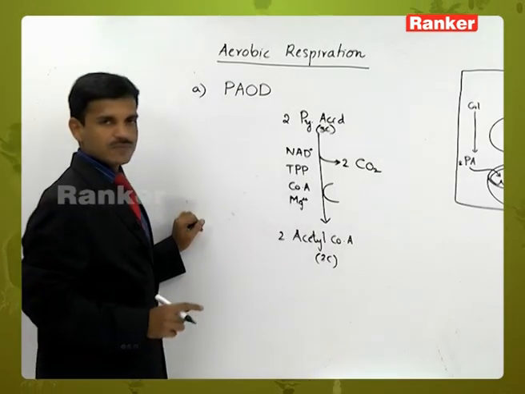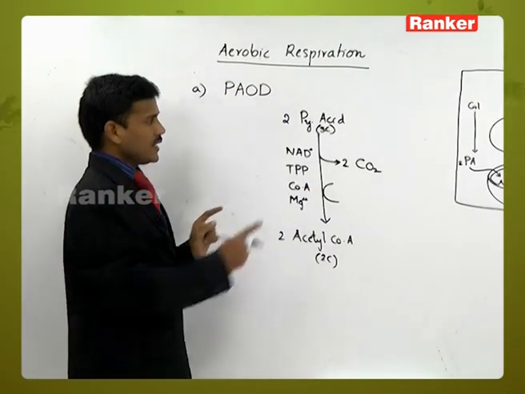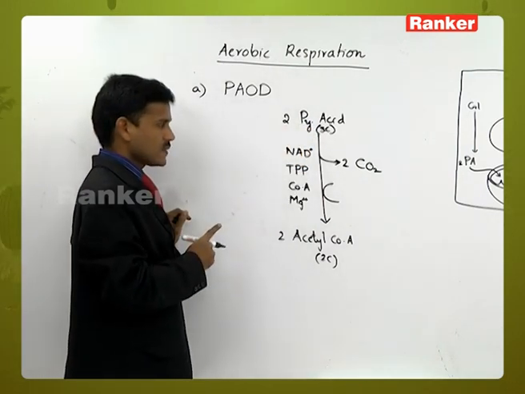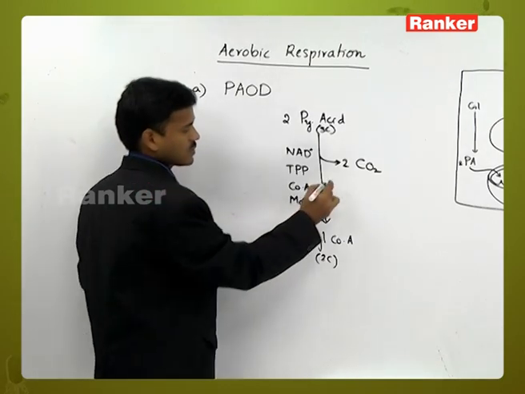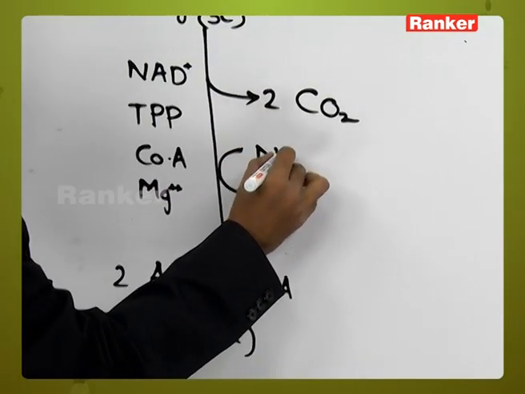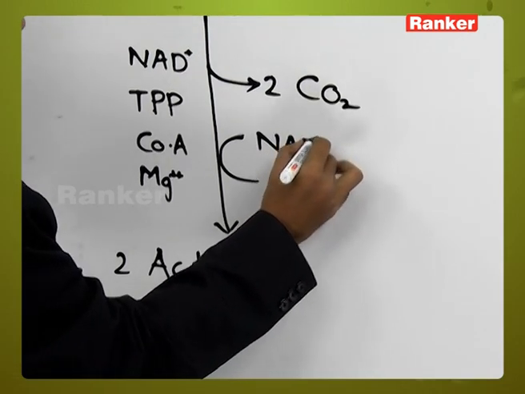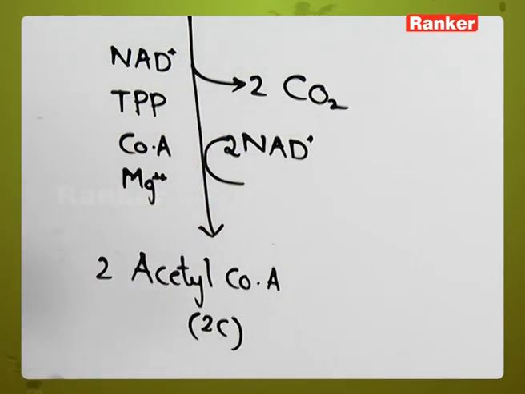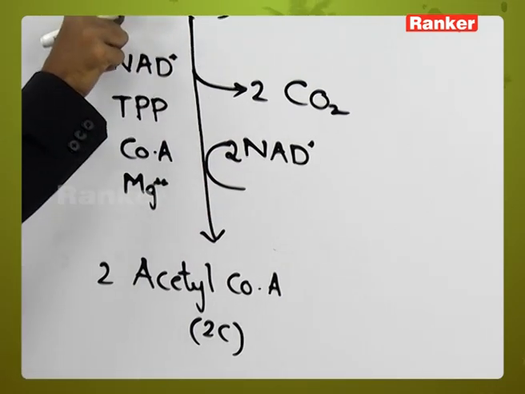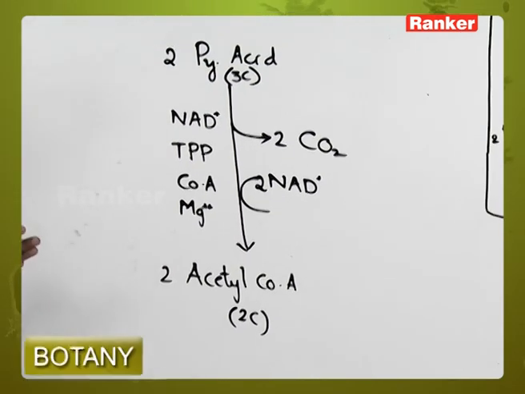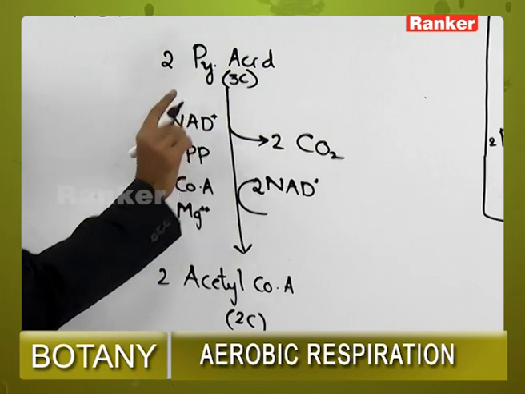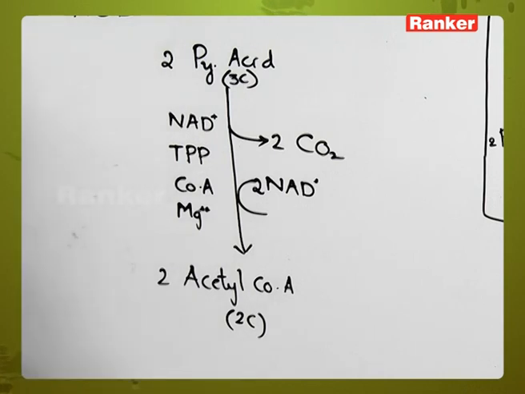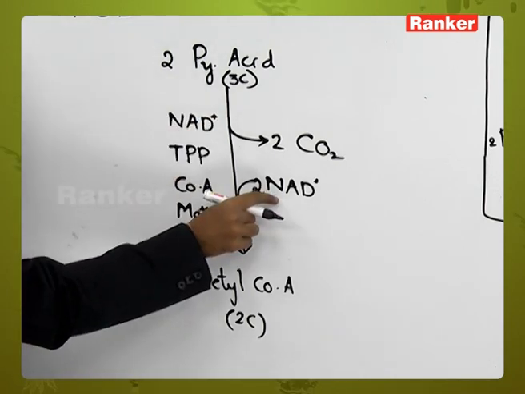Next, the oxidation reaction. Pyruvic acid undergoes oxidation, meaning hydrogens are removed from pyruvic acid. These hydrogens are received by NAD plus; there are also two molecules of NAD plus. NAD accepts the hydrogens from pyruvic acid, so it is reduced.